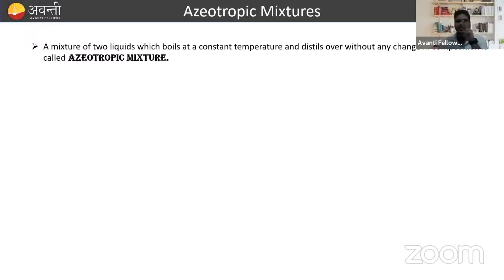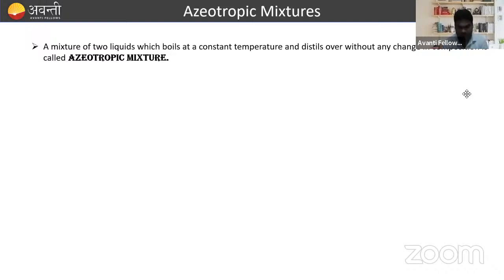A mixture of two liquids which boils at a constant temperature and distills over without any change in composition, whether it is present in vapor form or liquid form, so the composition remains the same throughout, is called an azeotropic mixture.